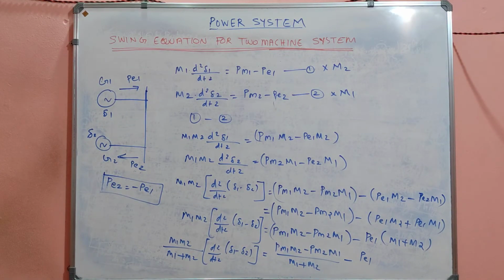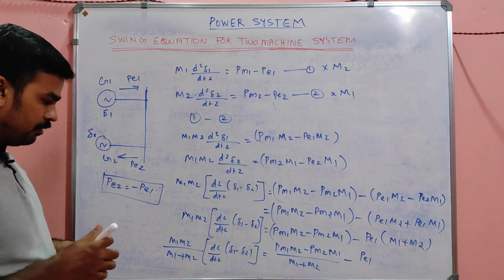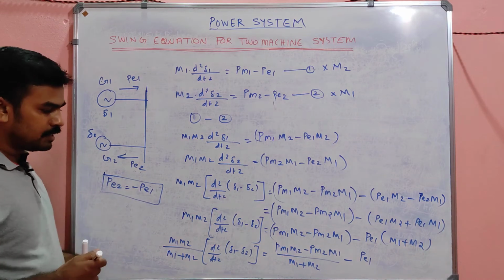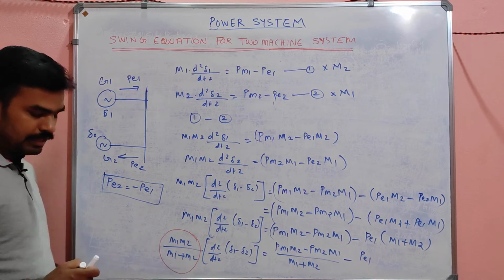So this is the resultant swing equation for the two machine system if it is operated in non-coherent manner. The only thing you have to note very carefully is that the resultant swing equation contains the equivalent M as M1 M2 divided by M1 plus M2.